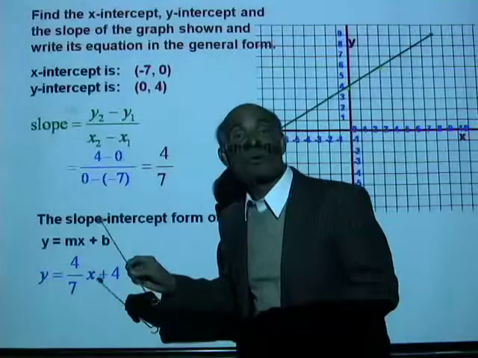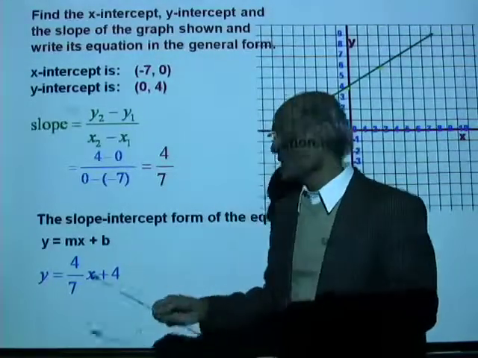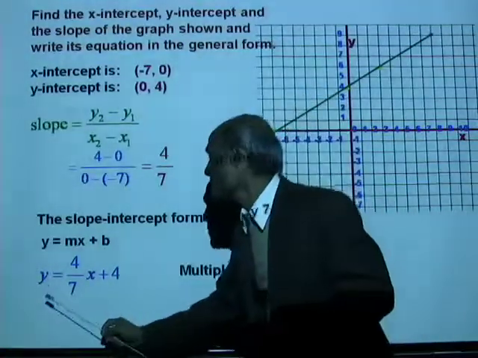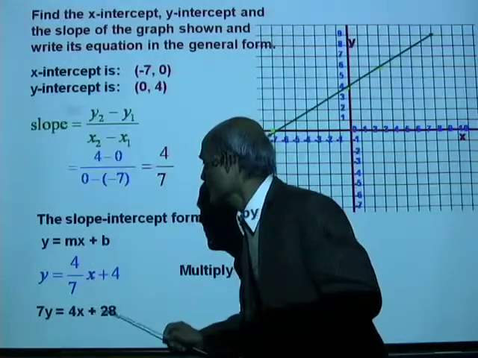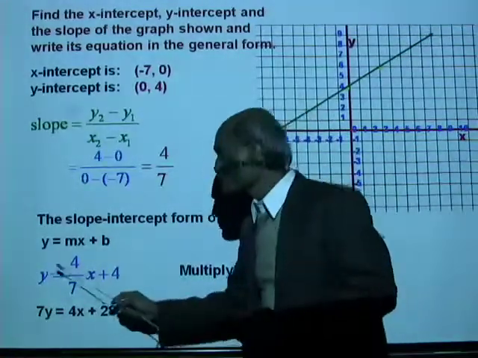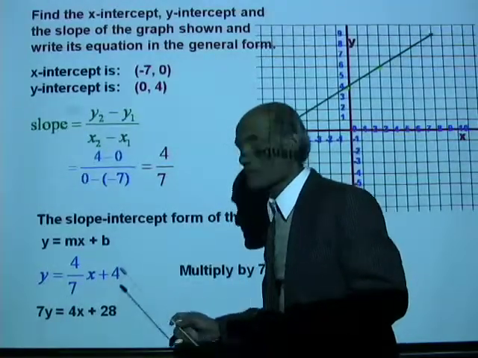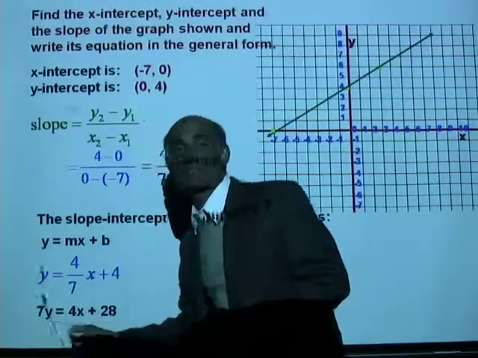What next? We need to bring it down to the general form, ax plus by equal to c. Multiply every term by 7. That will be 7y equal to 4x plus 28. Multiply this by 7, this by 7, and this by 7. And next, move the 4x to the left.